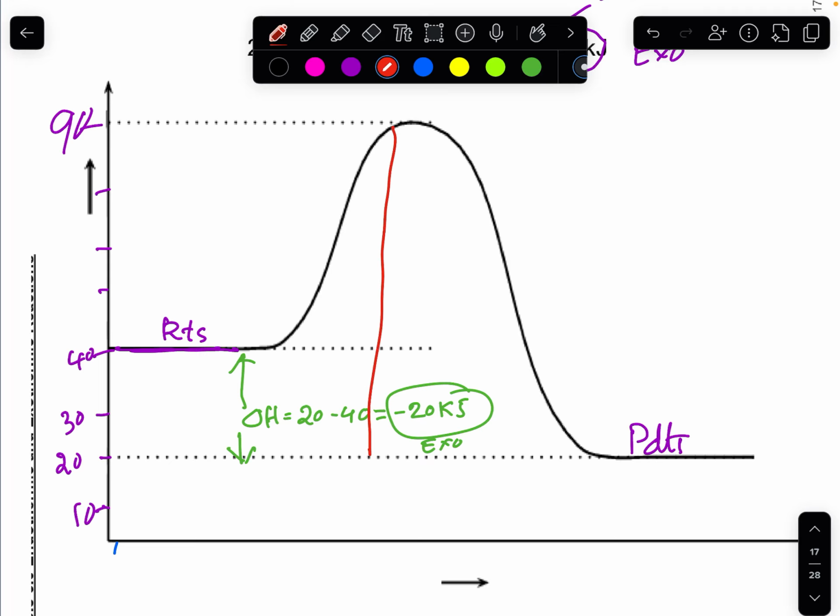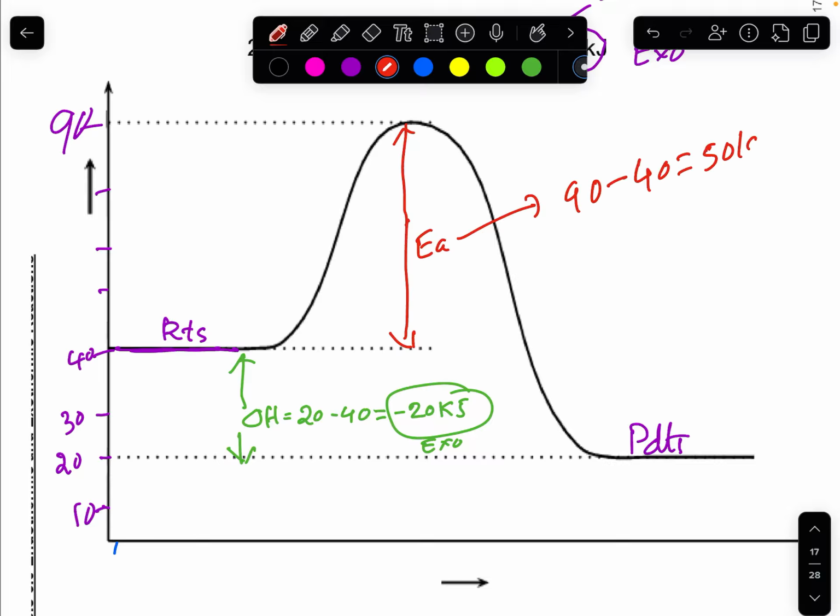And activation energy is the difference between the activated complex and the reactant, and it is 90 minus 40, which is 50 kilojoule. And this is the activated complex.